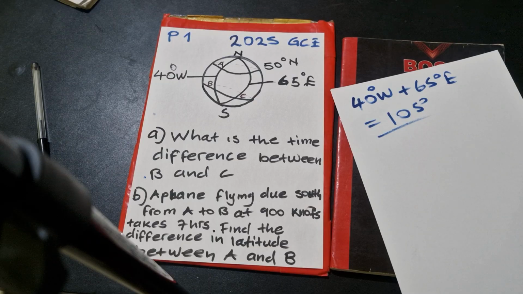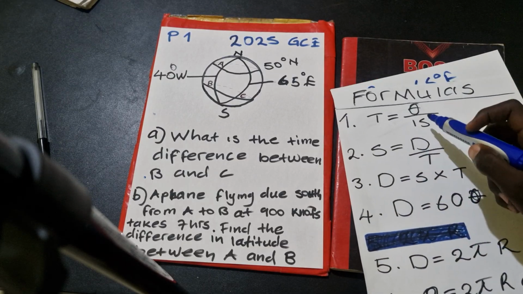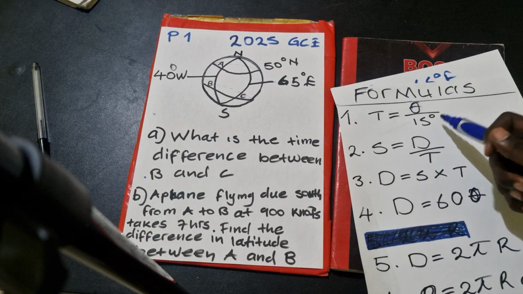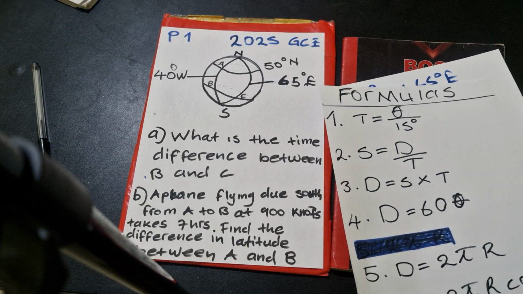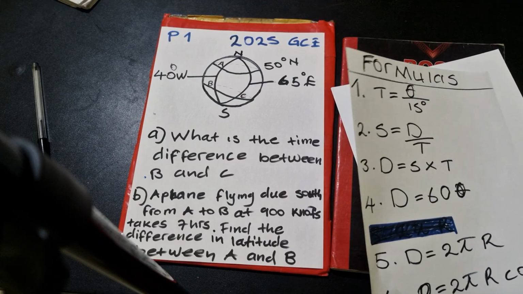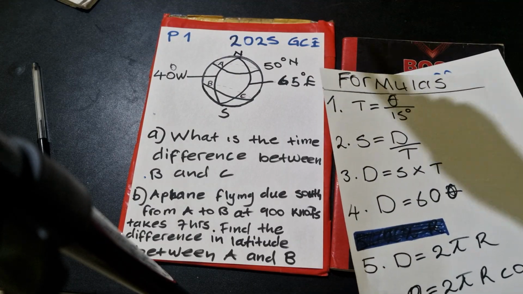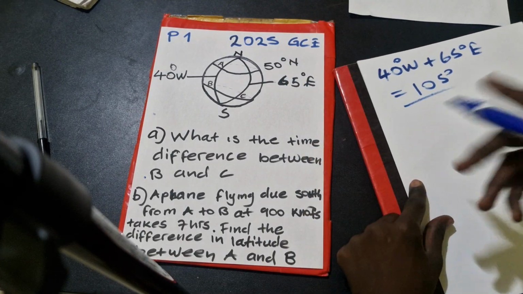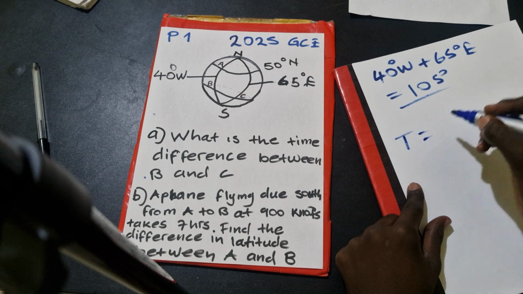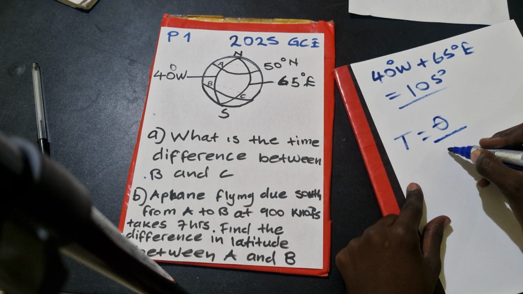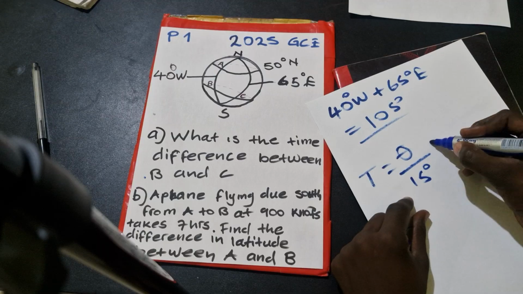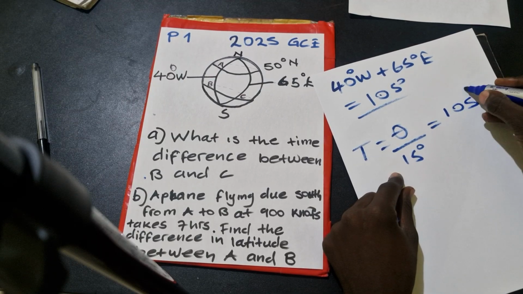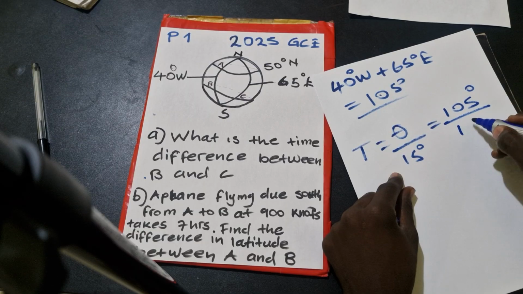What do we do? We get our formula. Time difference is equal to theta over 15 degrees. You might be wondering, what is the 15 degrees? The time moves at 15 degrees per hour as the earth rotates. So theta is 105 degrees, divided by 15.